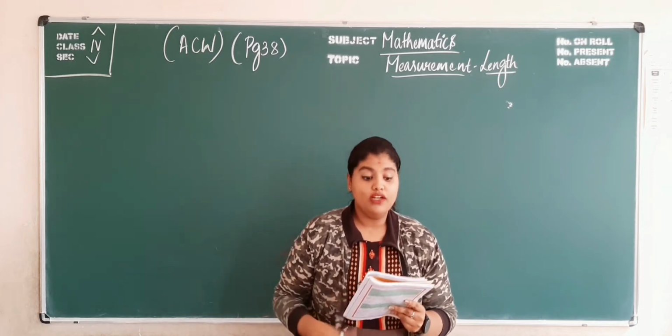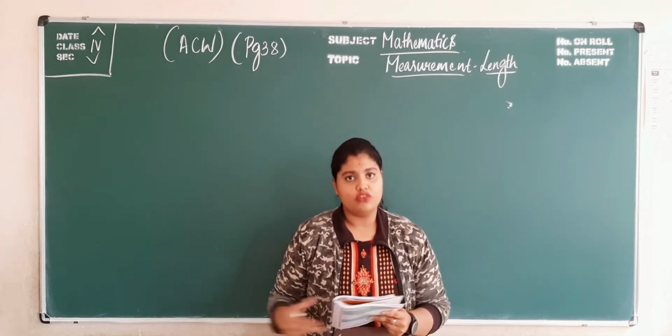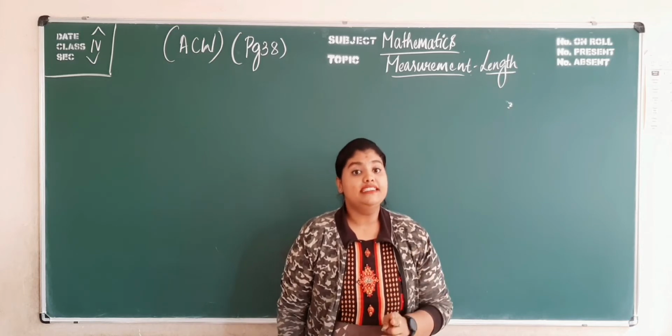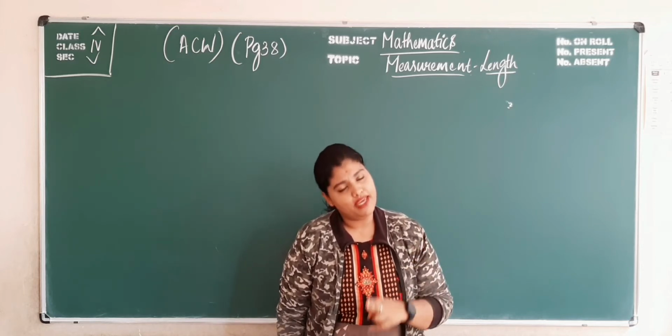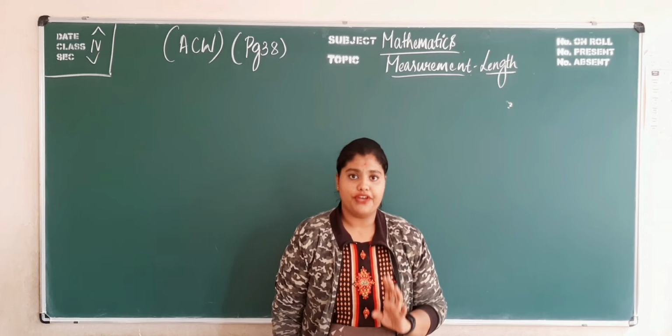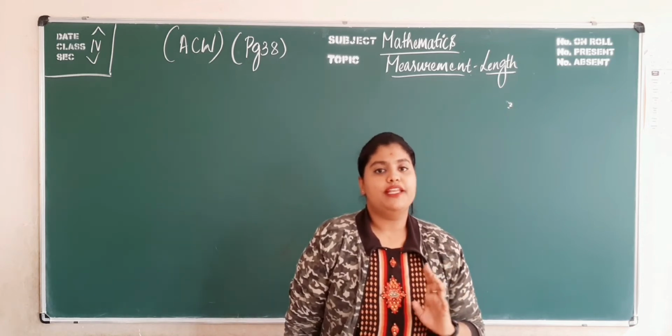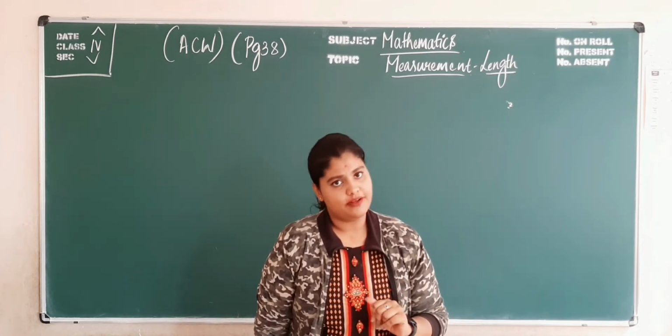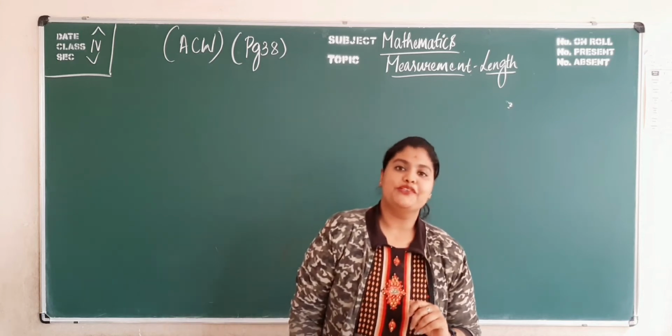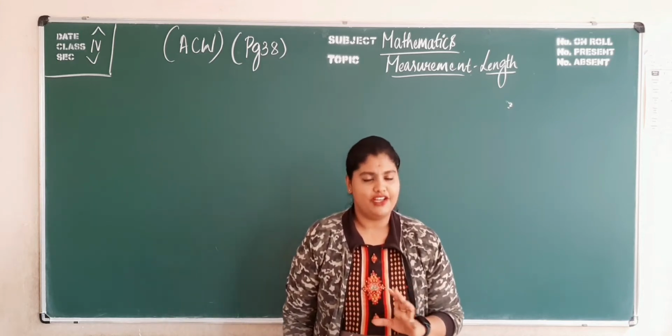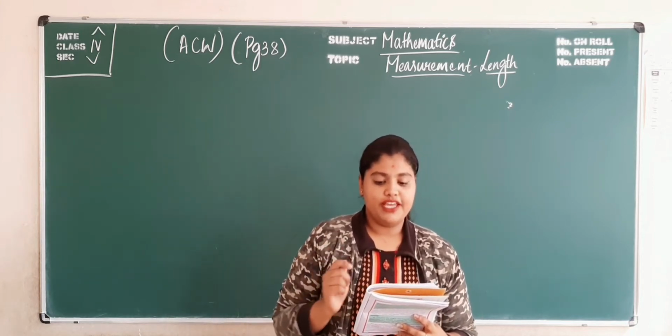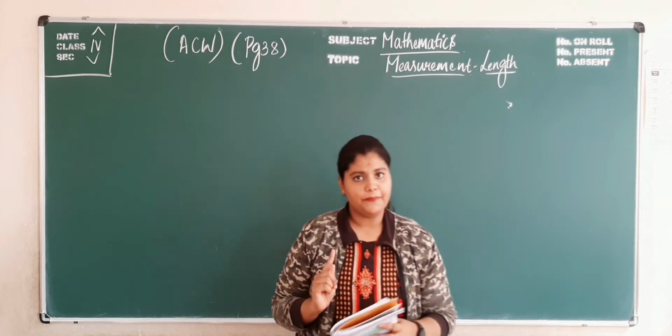So what is the remaining length of cloth? After cutting, you should find out the length of cloth remaining. Which mathematical operator will you be using here? Very good, you will be using subtraction. Seeing the question, can you tell me what is the first statement?